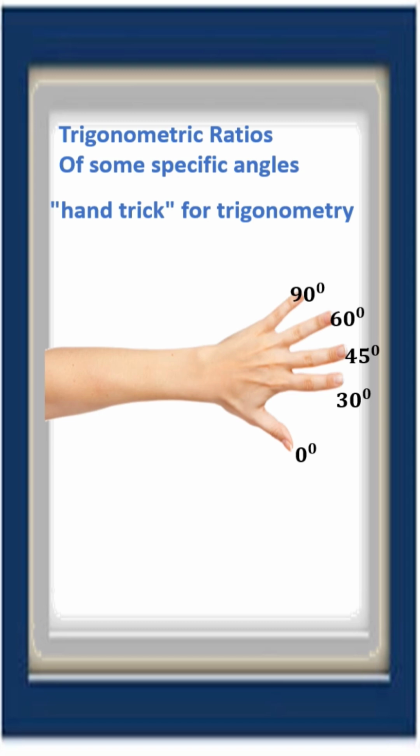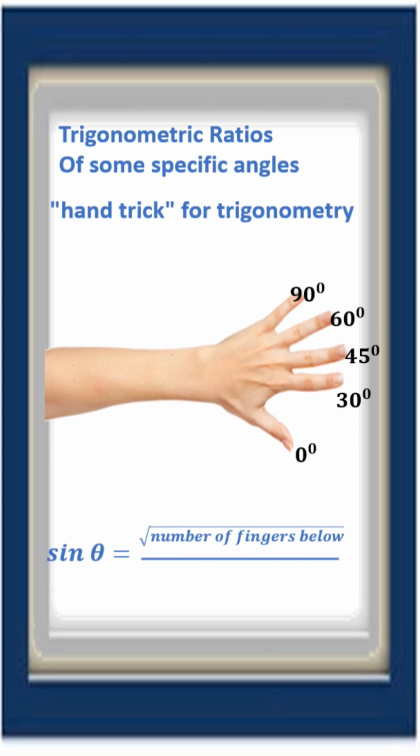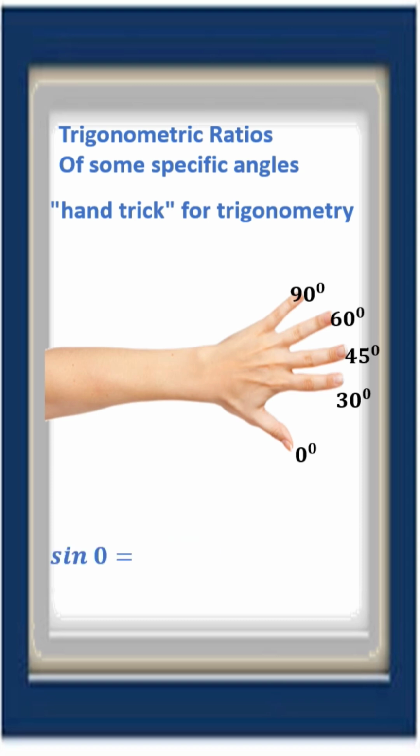How can you find sine ratios here? Sine theta is the square root of the number of fingers below the specific finger, upon 2. For example, let us find the value of sine 0. Where is 0? This one is 0 degree, the thumb. Below the thumb the number of fingers is 0.